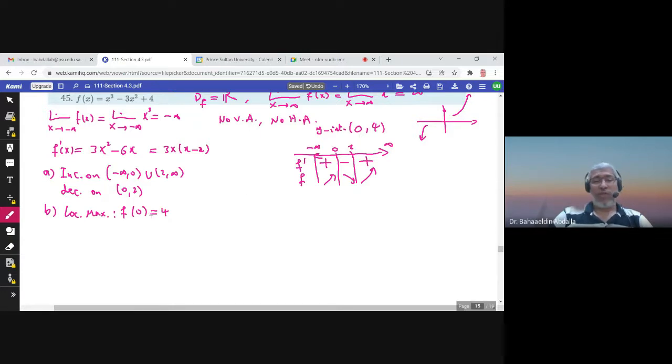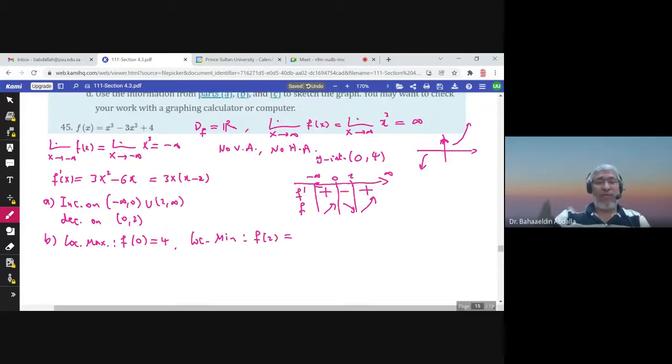So the y-intercept in this case is the local maximum. And I have a local minimum at 2, so f of 2 is the local minimum.